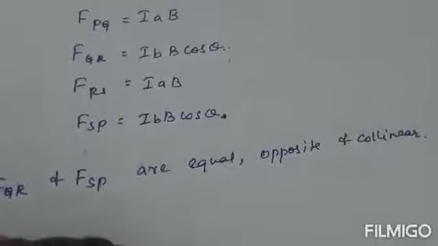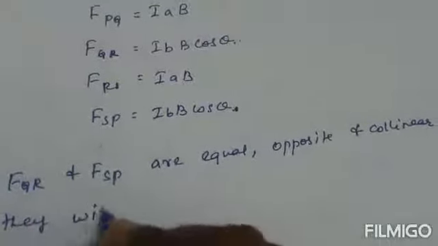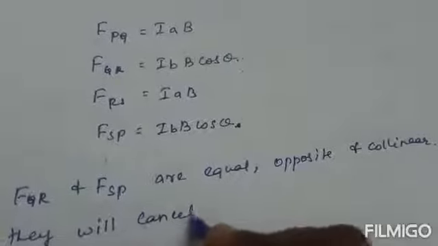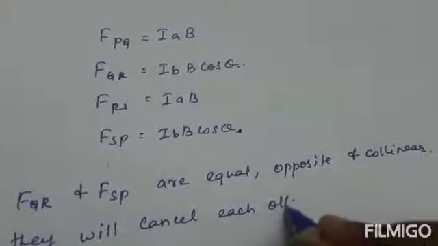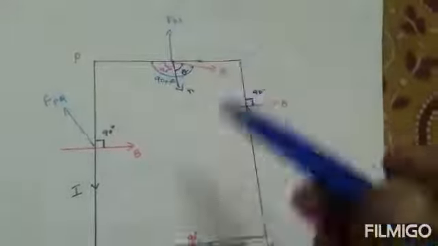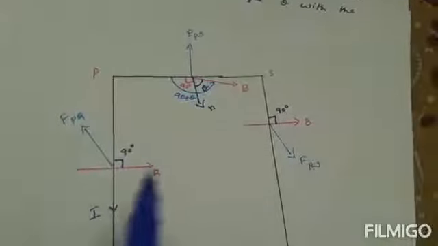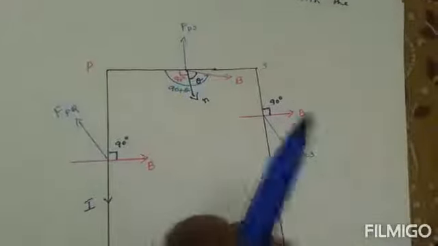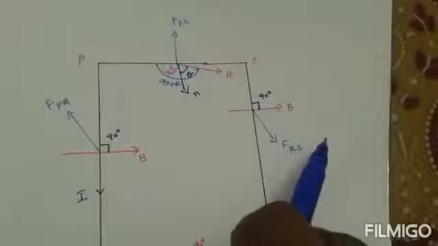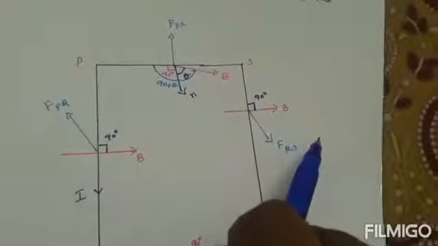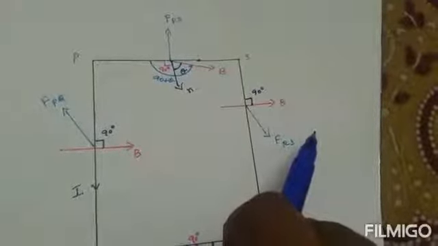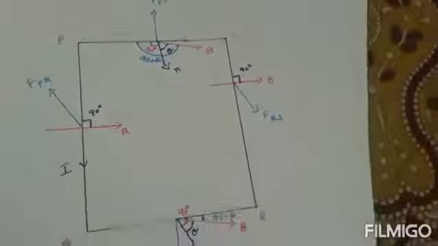In the diagram you can see F_QR is here, F_SP is here, so they are equal and opposite. On the other hand, you can see F_PQ and F_RS are equal, but they are opposite and not acting on the same line.